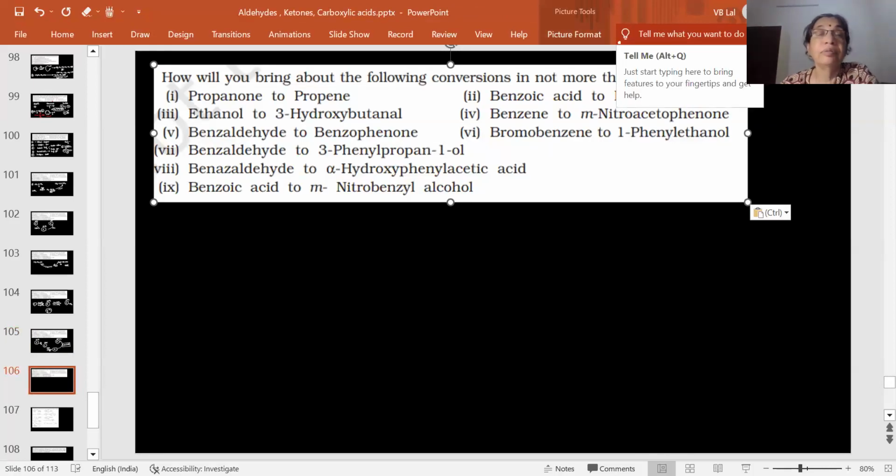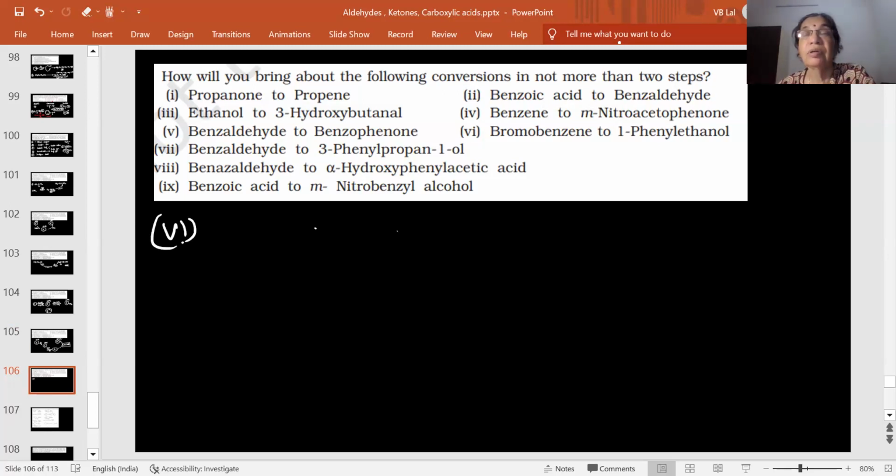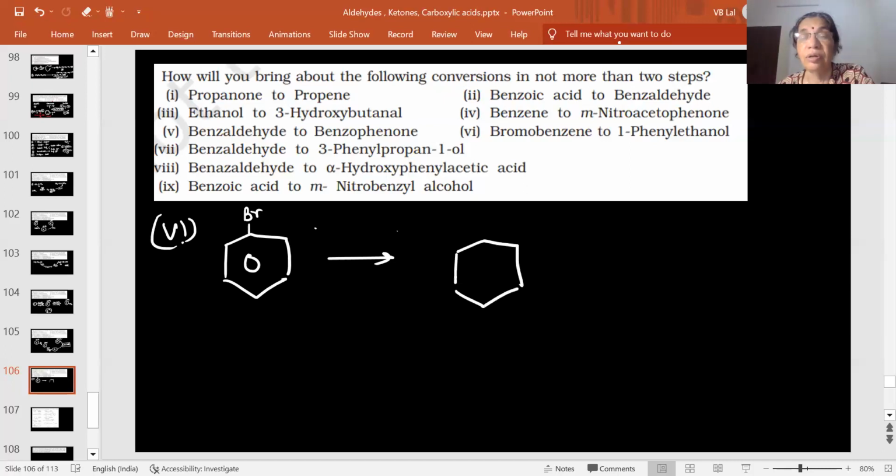Now the next one, benzaldehyde to 3-phenyl propan-1-ol. Bromobenzene, did we do this? No. Sixth one, bromobenzene to 1-phenyl ethanol. So what is 1-phenyl ethanol?